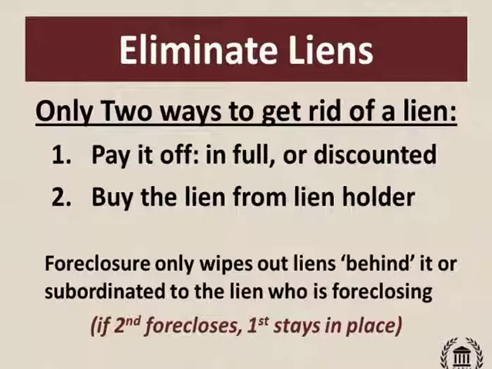Okay? So you could buy the second mortgage. Let's say we went to the second mortgage and said, we'd like to buy that. You're owed 30, I'll pay you 30, or I'll pay you 20. So we can buy that lien and then foreclose the second, and what happens to the judgment behind it? Falls off, gets wiped.